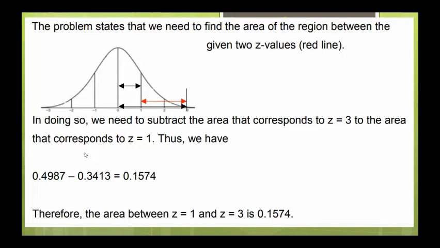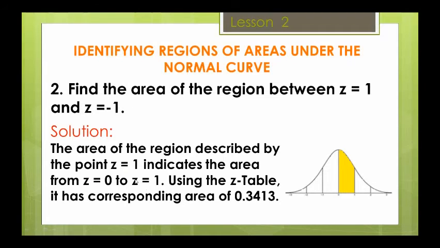And then minus the z is equal to 1, which is, ito po yun, 0.3413, area ng z is equal to 1. So pag isubtract natin yan, maiiwan is the area is only 0.1574, the area between the two. So therefore, the area between z is equal to 1 and z is equal to 3 is 0.1574 po.